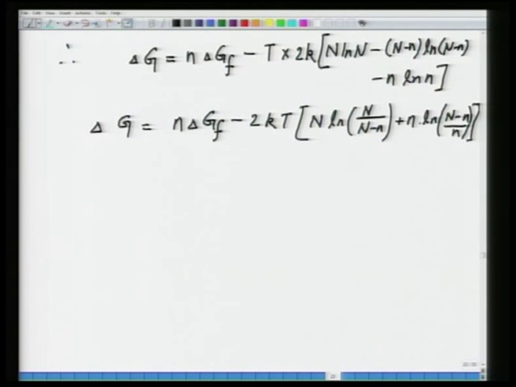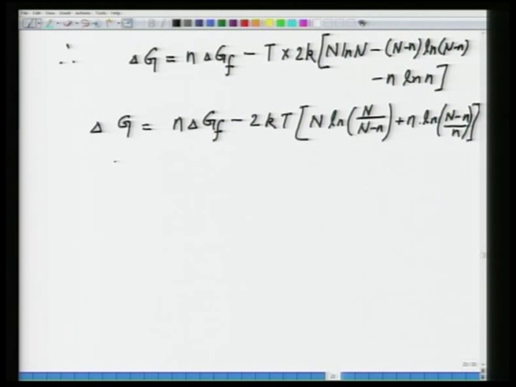Okay, that is very simple. You just need to open this up. So, that will give you the form. So, if you just do this, N ln N minus N minus n ln N minus n, you can take the N out, make it ln N divided by N minus n, and this would become plus N minus n ln N minus n minus small n ln small n. So, you take out small n, and then this would become ln of N minus n divided by n. So, this is very simple to do.